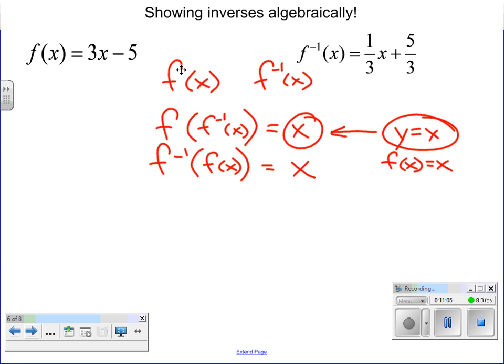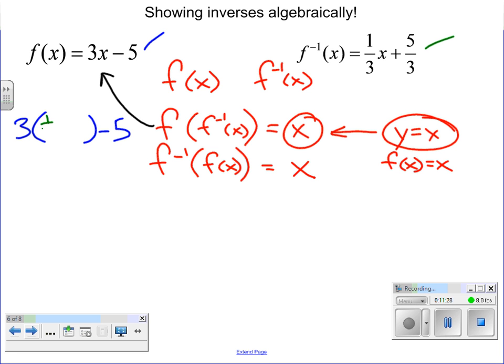here. So let's do this one over here first. So what I'm going to do is say, okay, 3 times input minus 5. And what am I going to input inside the equation? And we'll do this equation in blue and this equation in green.